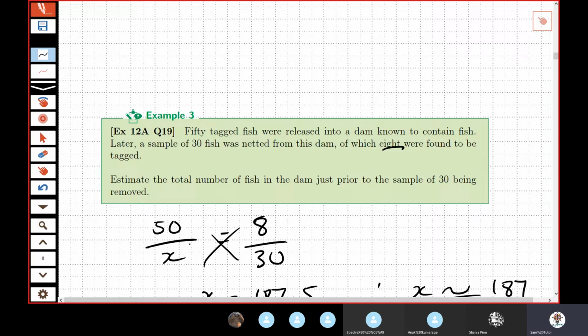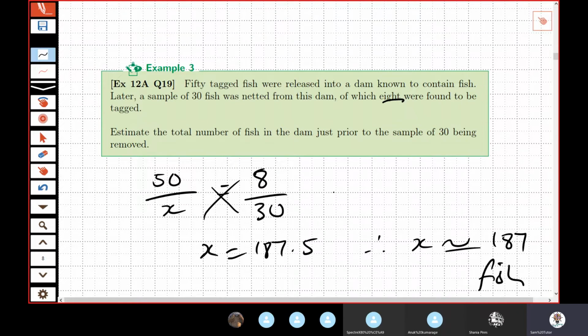Do you guys understand my logic there? So 8 tagged over 30 population, 50 tagged over X population. And then, I mean, it's simple.